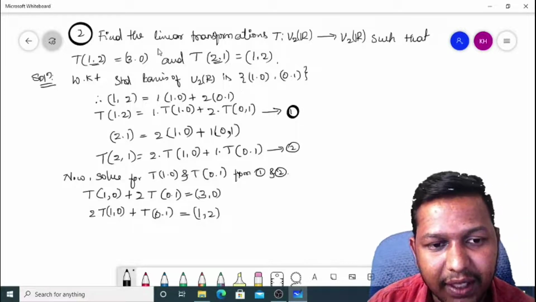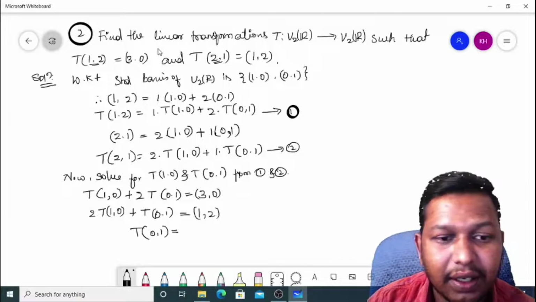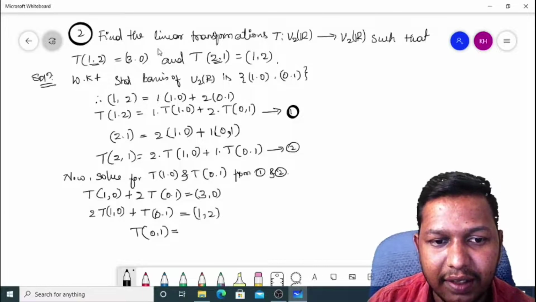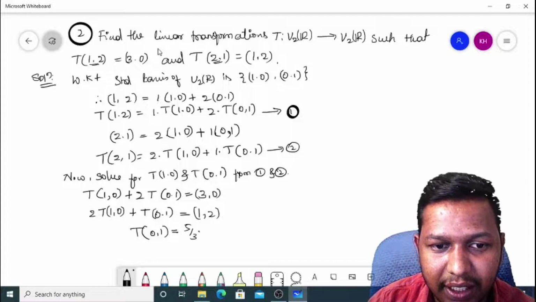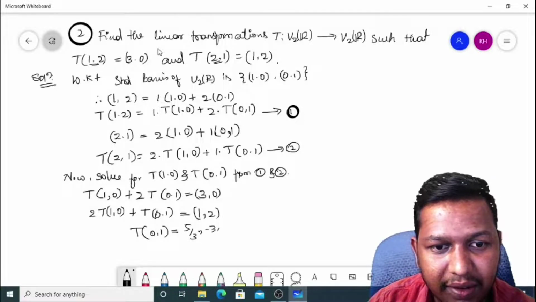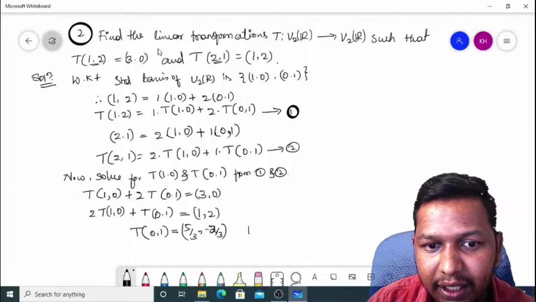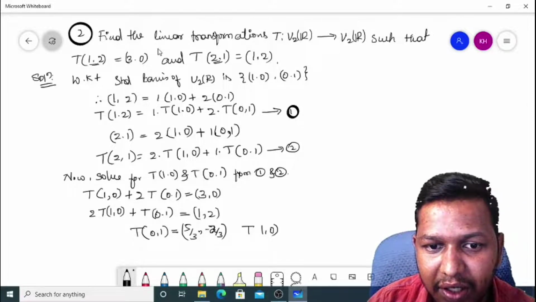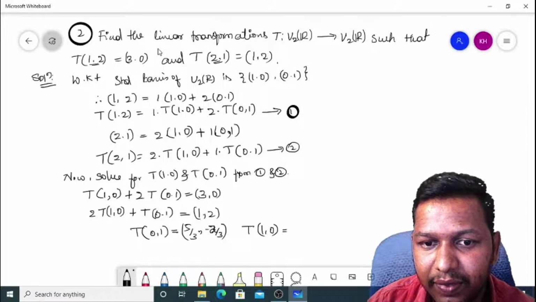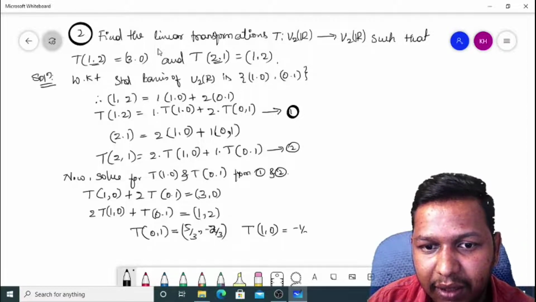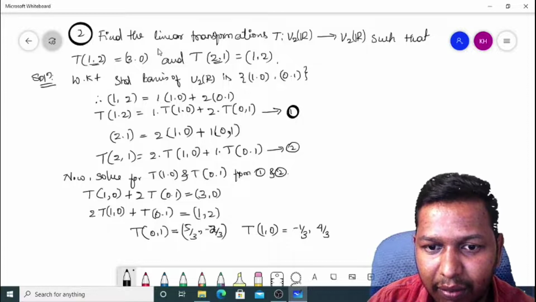We get the solution as T of (0, 1) is equal to (5/3, -2/3), and T of (1, 0) is equal to (-1/3, 4/3).